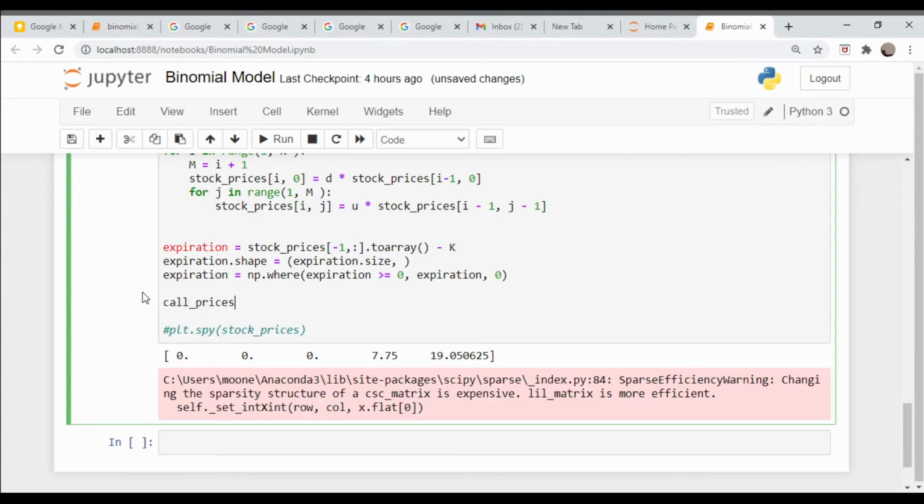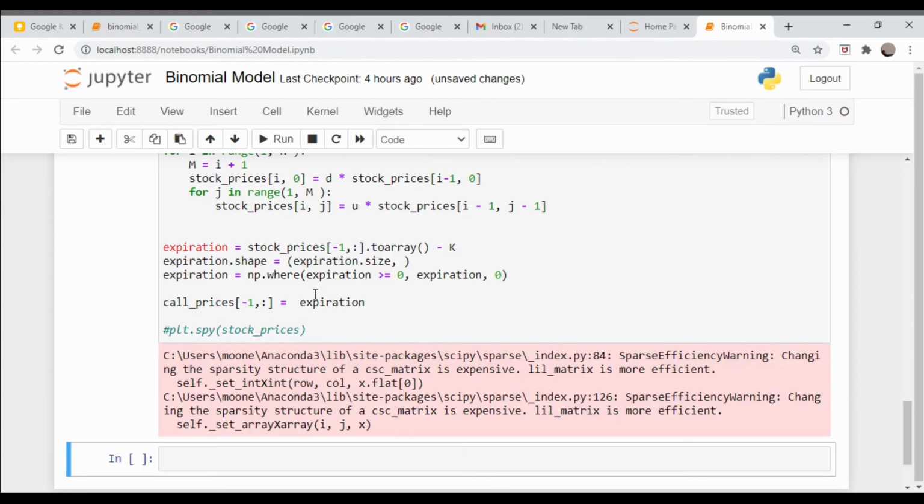So let's get rid of the print statement now, and call prices. We'll set the corresponding last row of that matrix, which is -1, and all the columns, equal to that expiration vector. Oops. Glad I caught that now, because I would be looking for typos for ages.